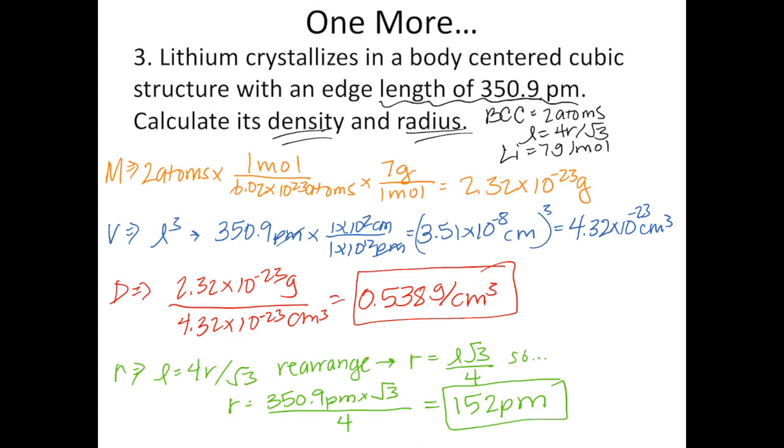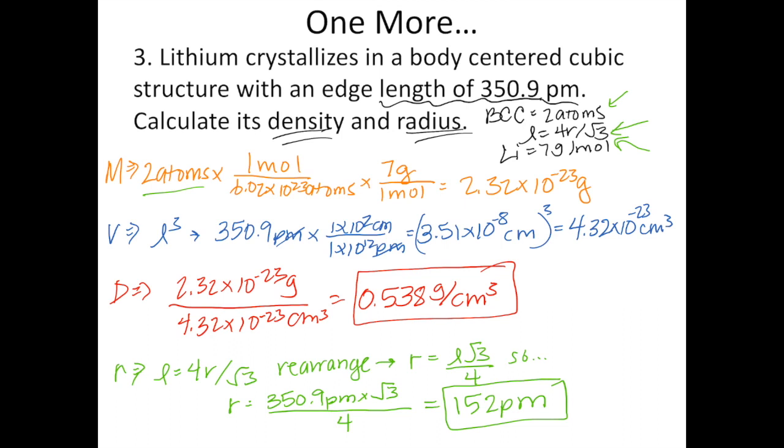In orange, well, first in black is all the stuff that I need for my problem. I got my body-centered cubic, so I got 2 atoms per unit cell. There's my length equation, and there's my molar mass. So I start with my 2 atoms, because it's body-centered cubic, divide by Avogadro's number, multiply by my molar mass, and I get the mass, 2.32 times 10 to the minus 23rd grams.